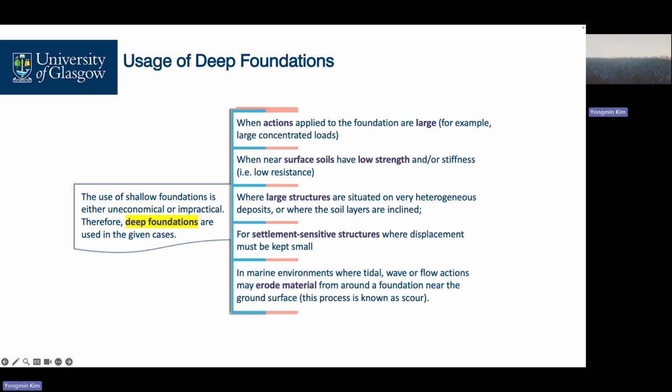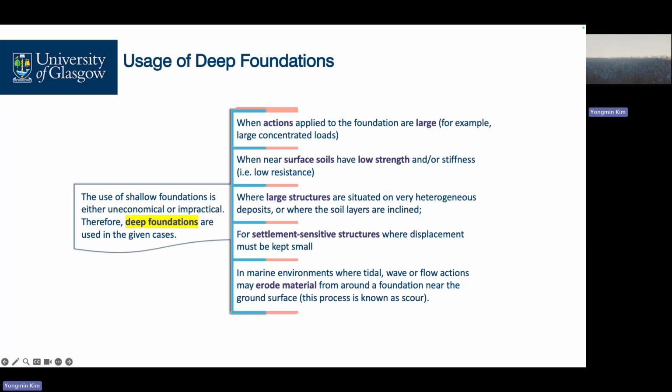Why do we choose deep foundations? Simple. The loads in your code are so-called actions. If the action is very big, a shallow foundation cannot carry it, so you go with the deep foundations. Or the superficial layer has very low bearing capacity, which means low soil strength, like Singapore marine clay.